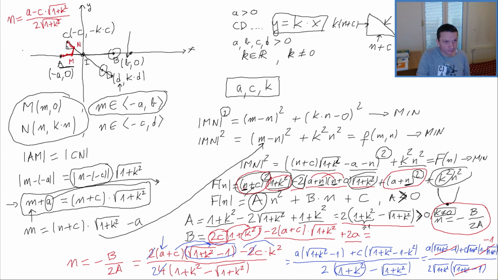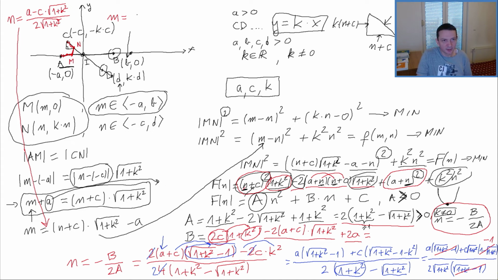And now, if we substitute this down in this formula, we can obtain m also. I shall skip this calculation, it's not so difficult now when we cancelled this expression for n. It's not that difficult for m.